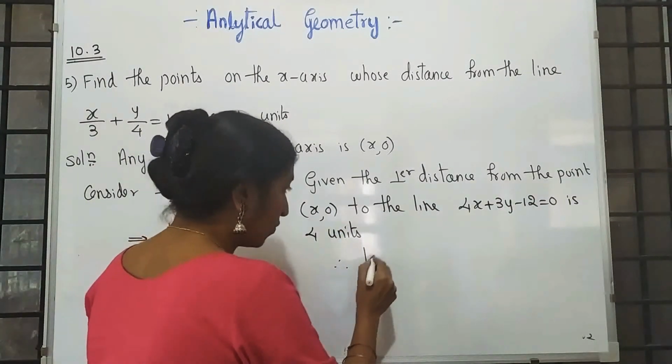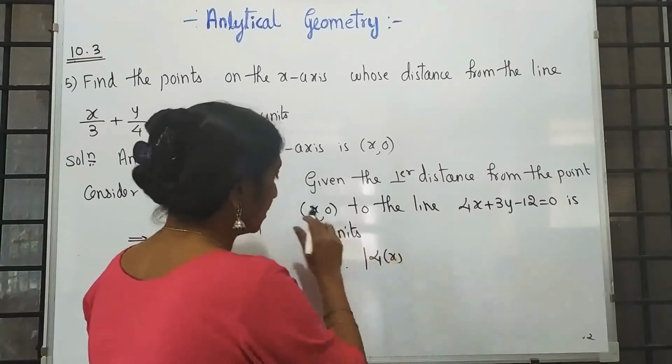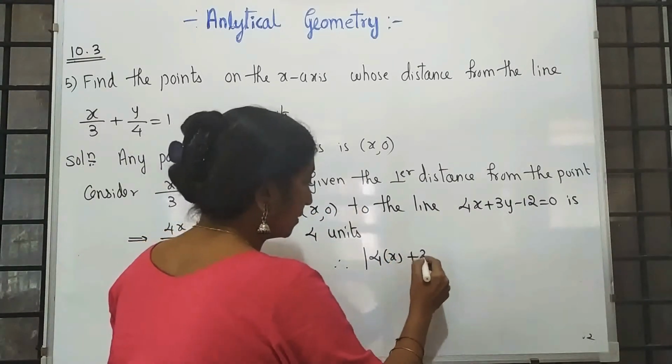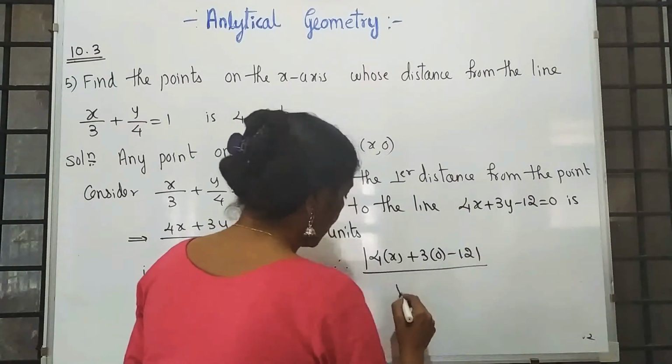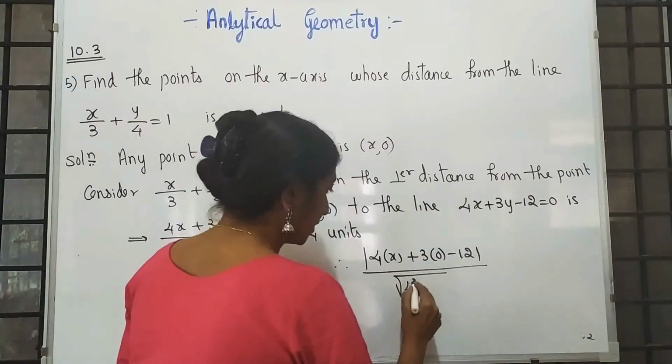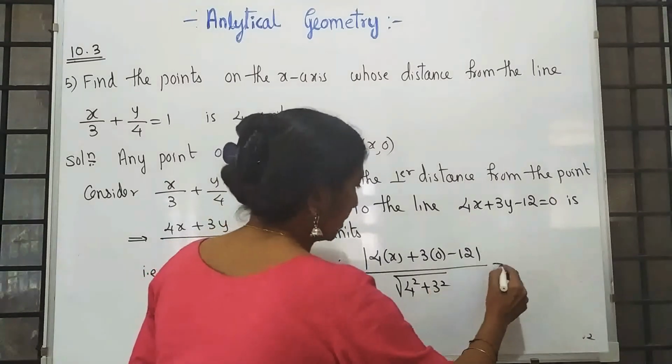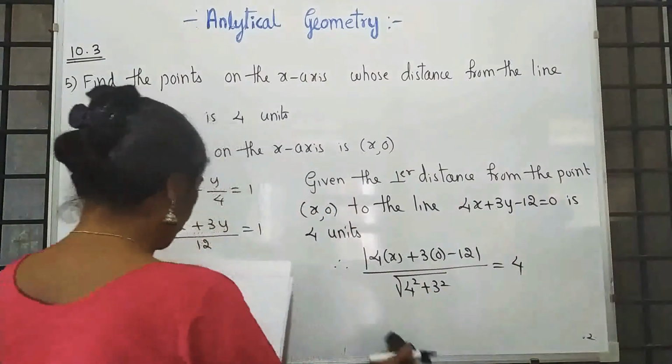Therefore, modulus of 4 into x, this is x1, y1, plus 3 into 0 minus 12 divided by root of x coefficient 4 square, y coefficient 3 square, is equal to 4.